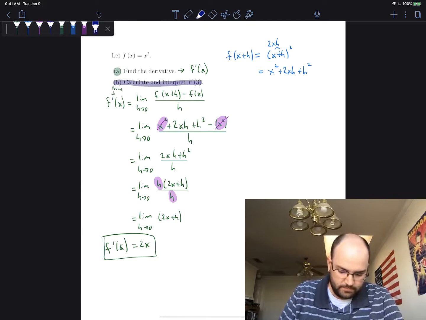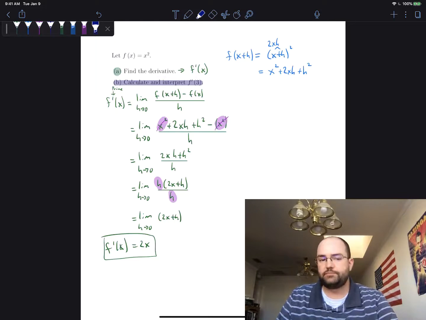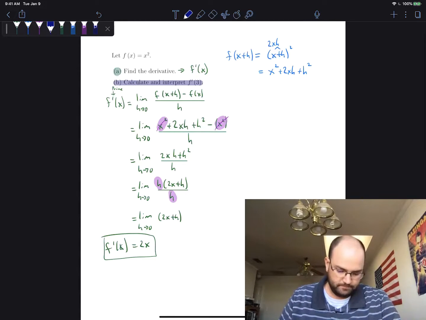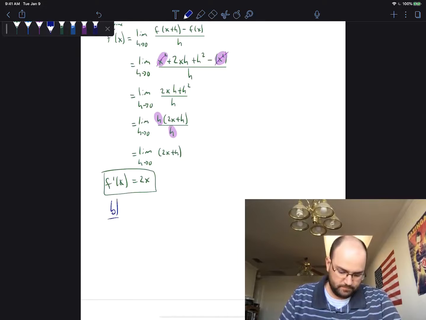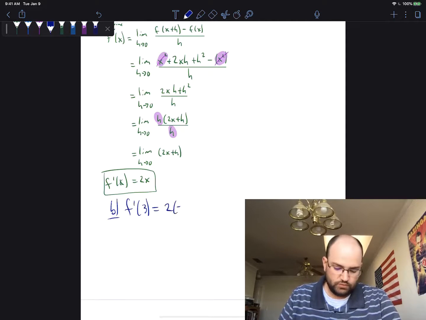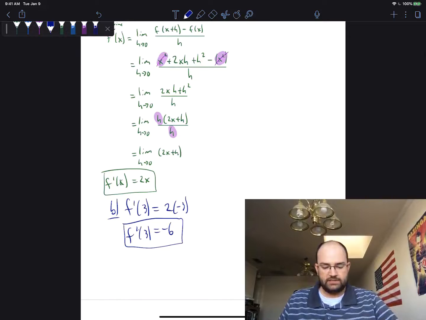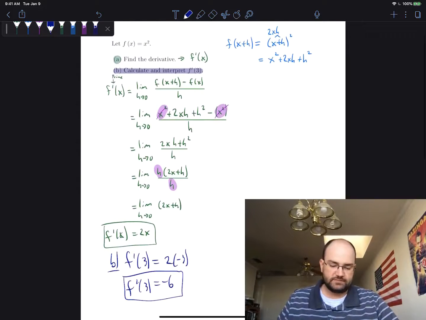Now, letter B. Find and interpret f prime of 3. Well, f prime of 3 is simply going to be 2 times 3, which is 6. Now, what is a decent interpretation of this?